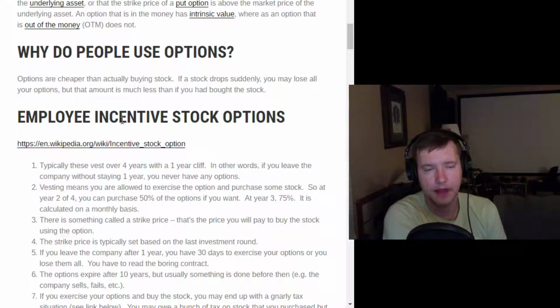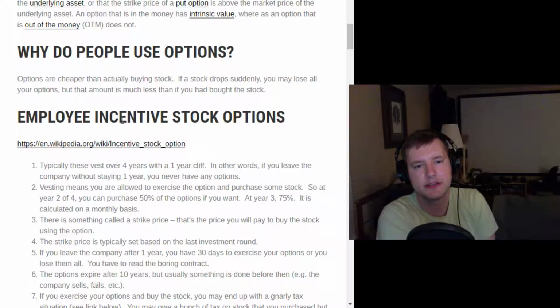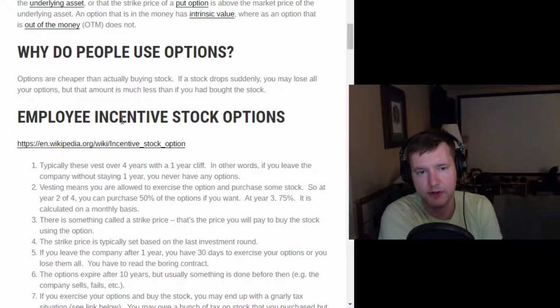And yeah. So now what is the strike price? Well, as I mentioned earlier, the strike price is the price that you pay per option when you exercise your stock options. The strike price of your options is going to depend on a bunch of things.